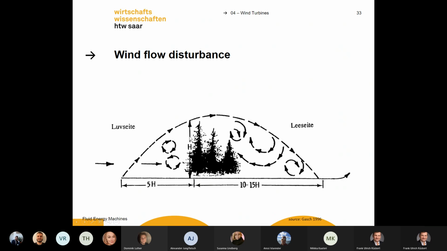If you have some trees, they influence the efficiency a lot. They influence the wind flow a lot.